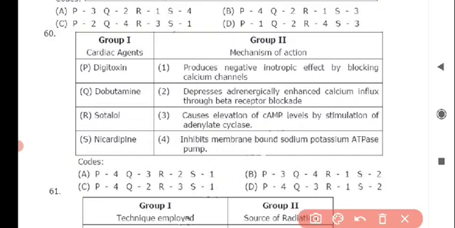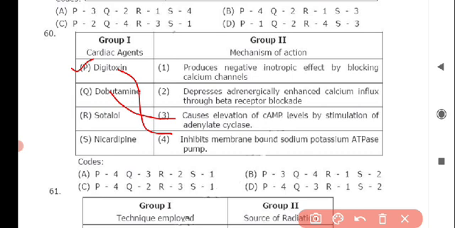Next question is, in this the first column contains cardiac agents while the second column contains its mechanism of action. And for this first option, that is digitoxin, correct answer is option 4, that is it inhibits membrane bound sodium potassium ATPase. For dobutamide the correct answer is option 3, that is it causes elevation of cAMP levels or stimulation of adenylate cyclase.